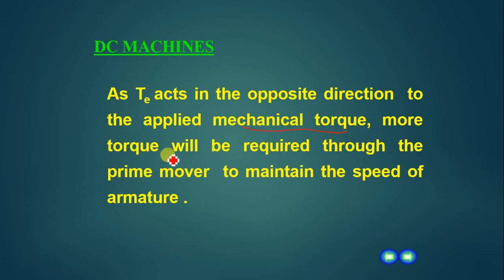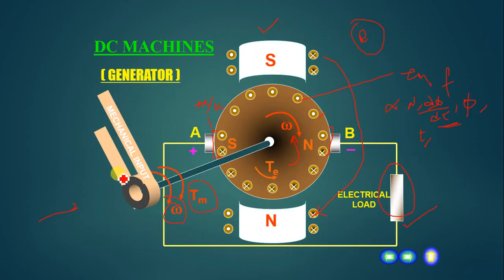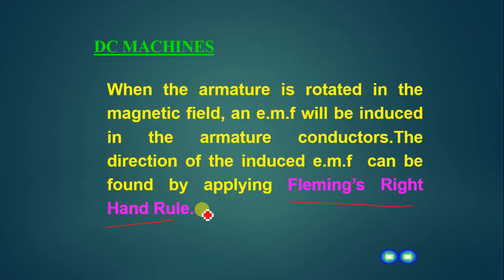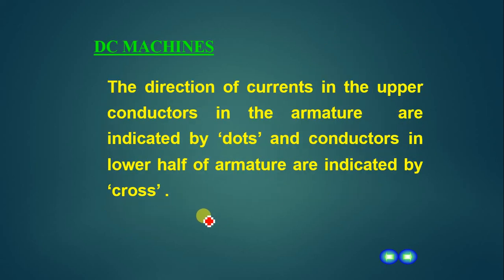The more torque you apply, the more will be produced. That is the reason more torque will be required through the prime mover. Prime mover means the one which is connected with your DC generator. This is called a prime mover, PM. So the more you generate, the more torque is required.